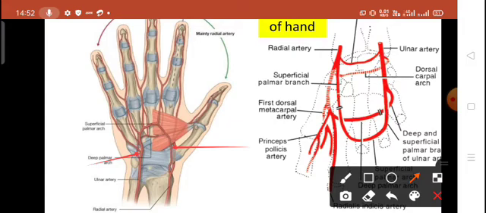The superficial branch of the radial artery may also join with the branches arising from the radial artery, like the princeps pollicis and radialis indicis.